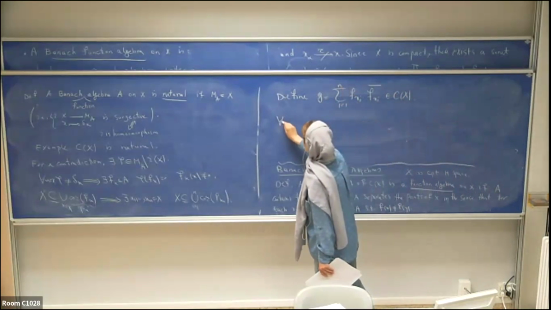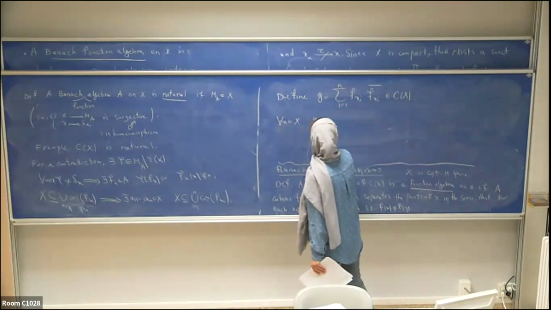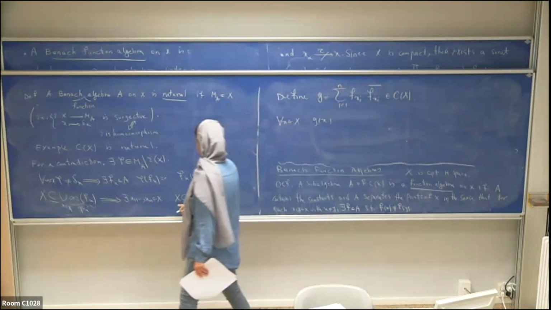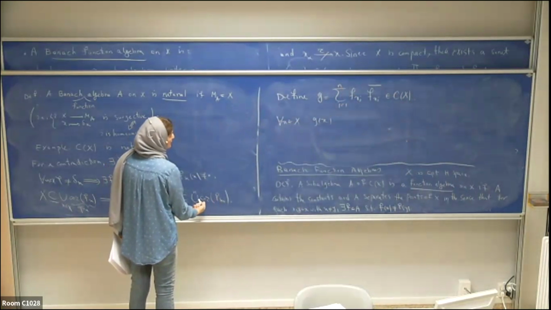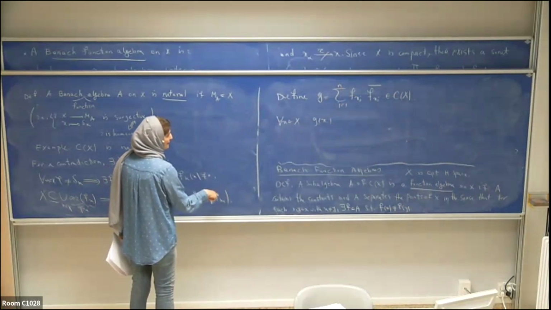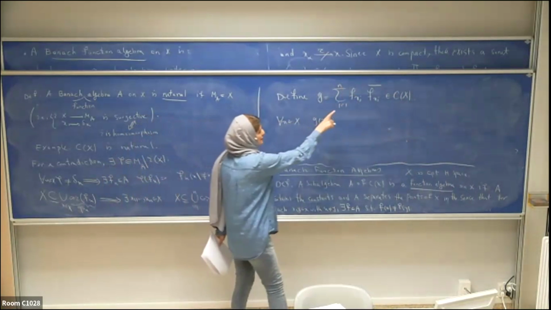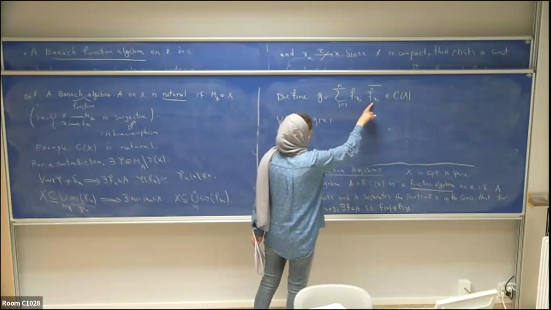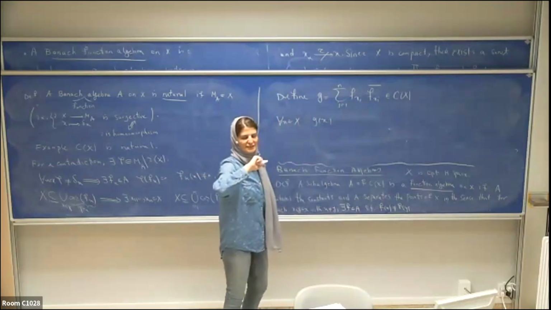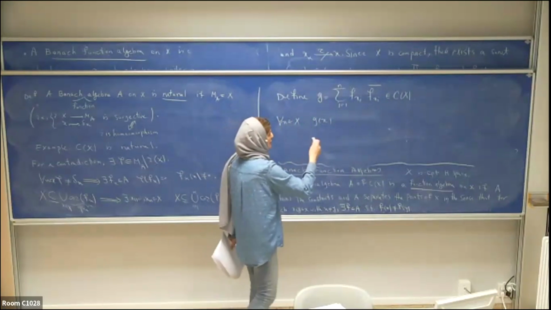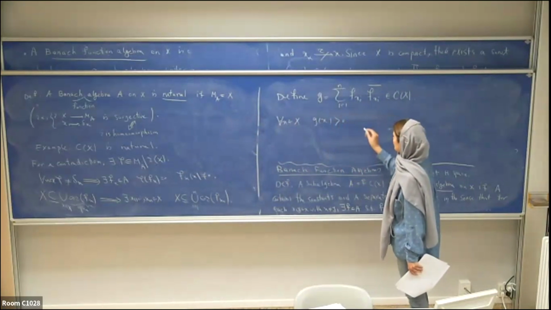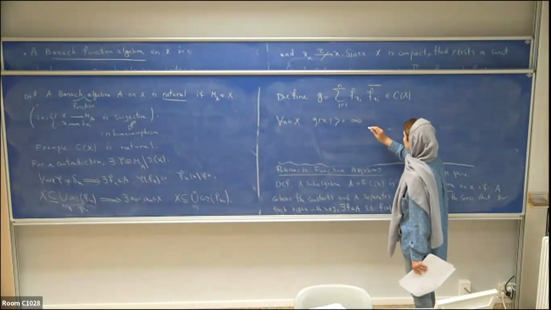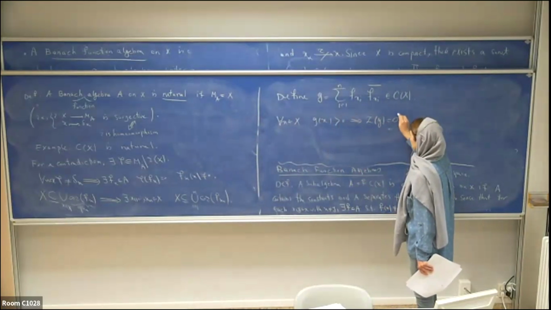And for each x, if x is in X, then there exists one index such that f of xi at x is not 0. And with this multiplication, one of these elements is strictly greater than 0. Anyway, it works for each x, and we have g of x is strictly positive. It means the zero set of g is empty.